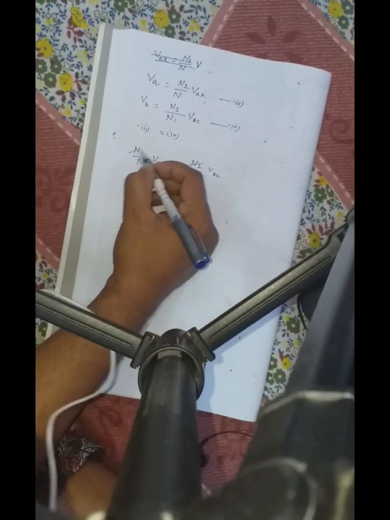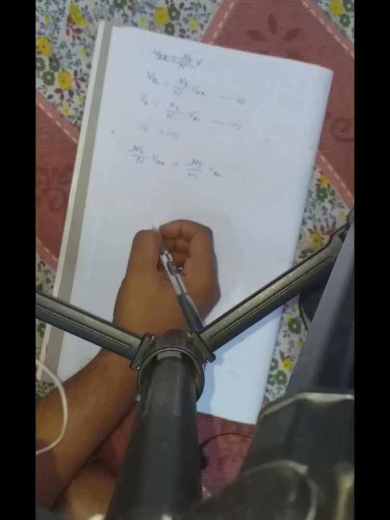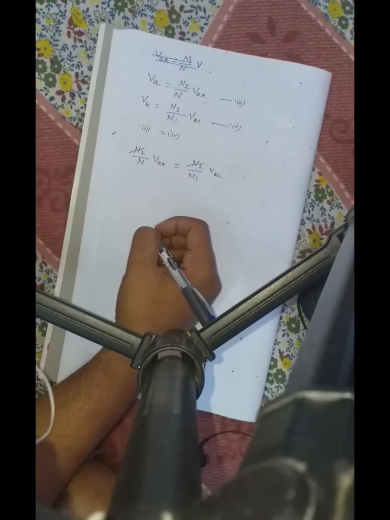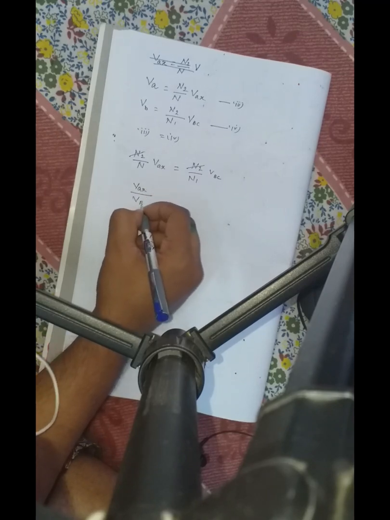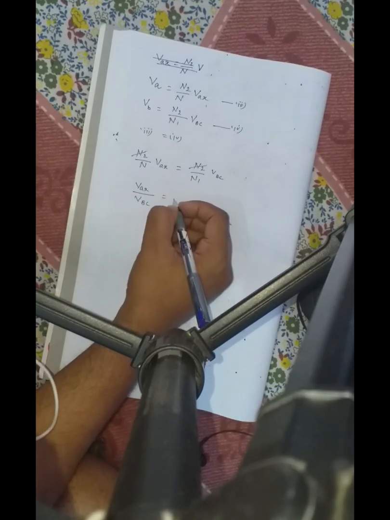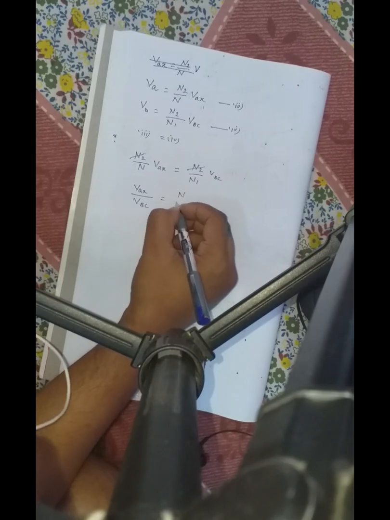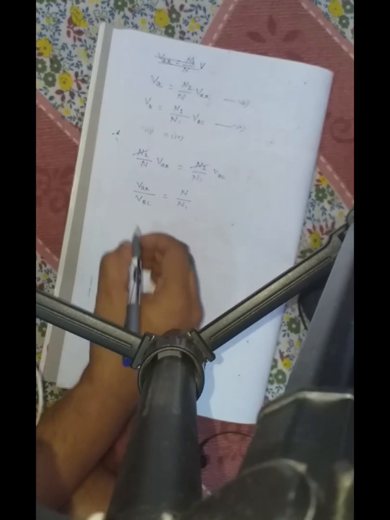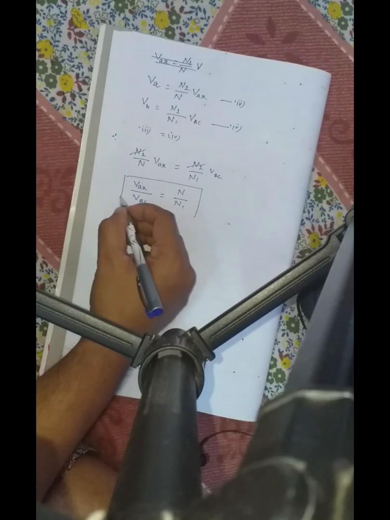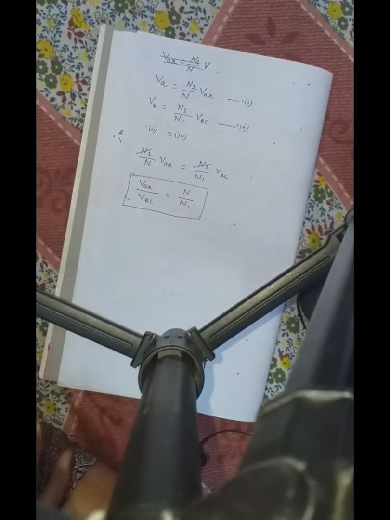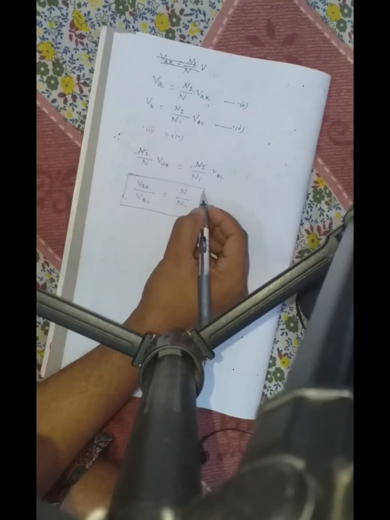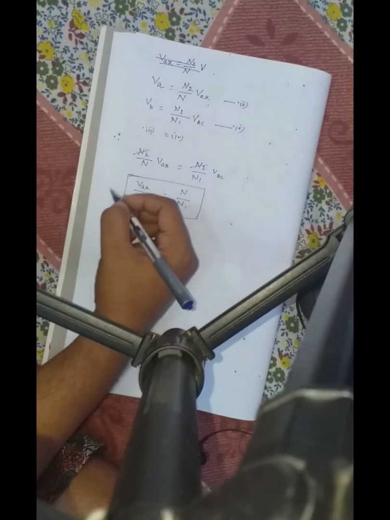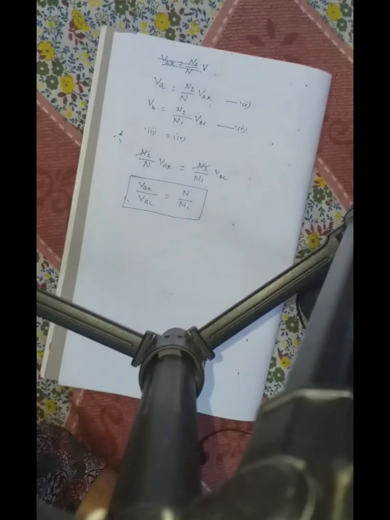N2 cancels out. So VAX by VBC is equal to N by N1. This is the criteria for 3-phase to 2-phase conversion.